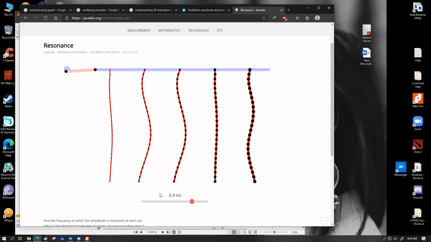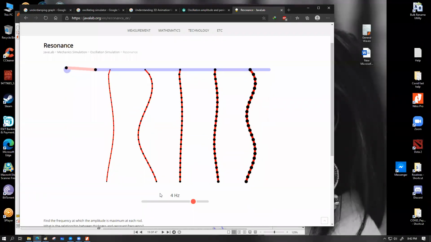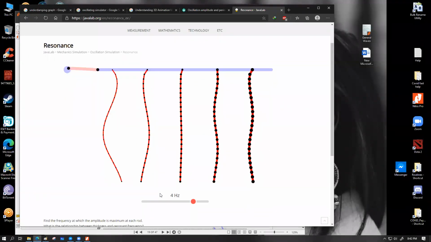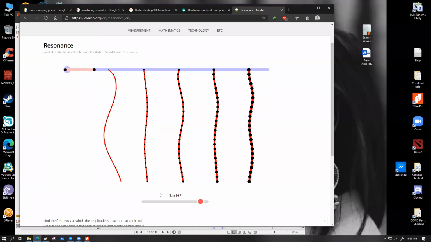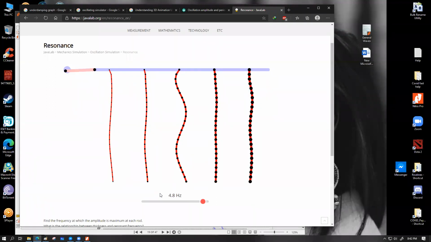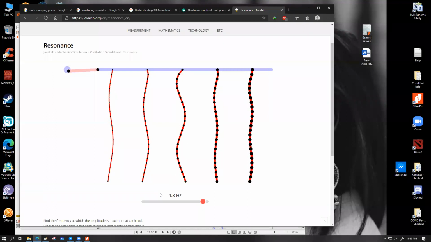This is amazing. It is pretty cool. This is just a basic idea of stationary wave that is happening through the medium.